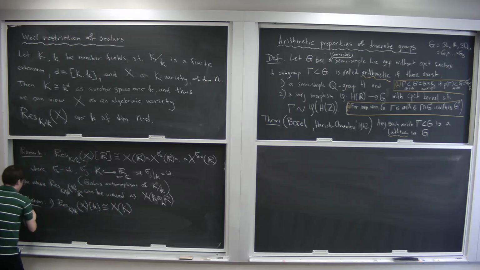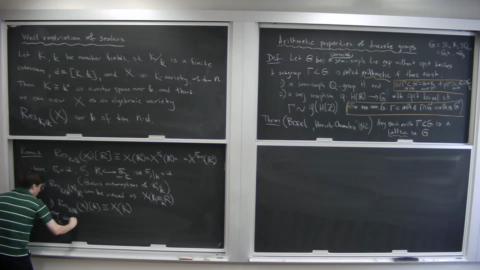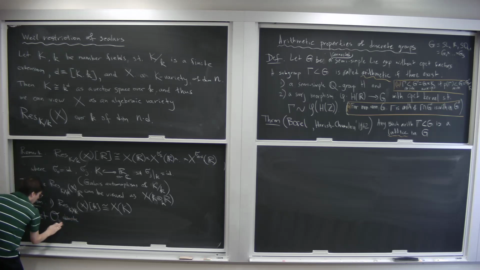And the second part, which is also very important for us, is that, so let O sub K denote the ring of integers. I will just write here L, okay.